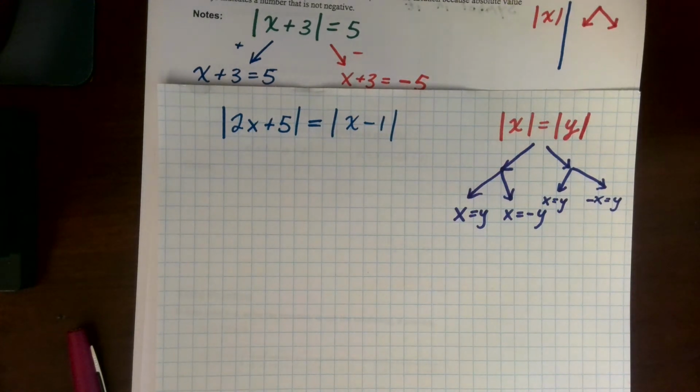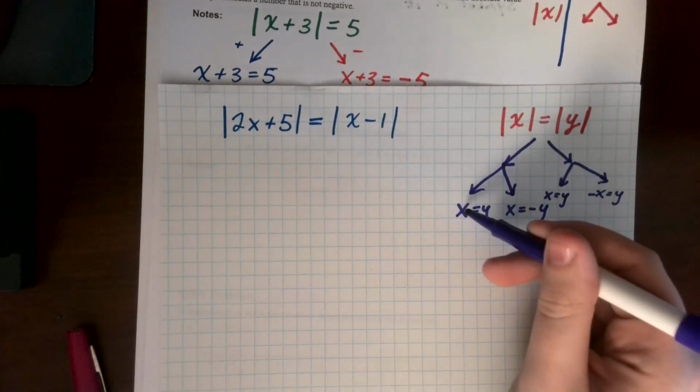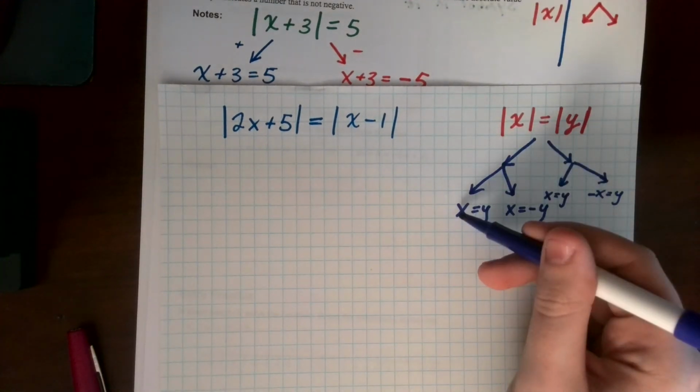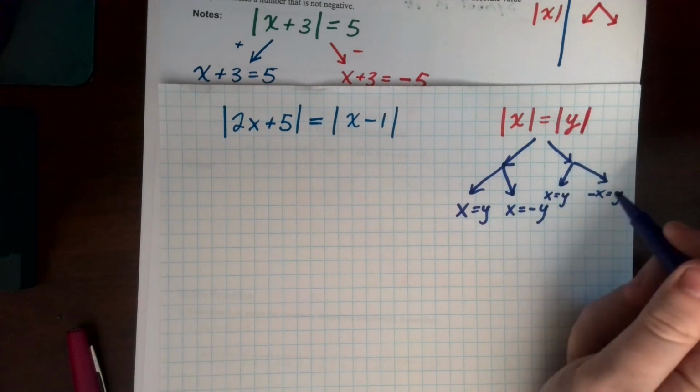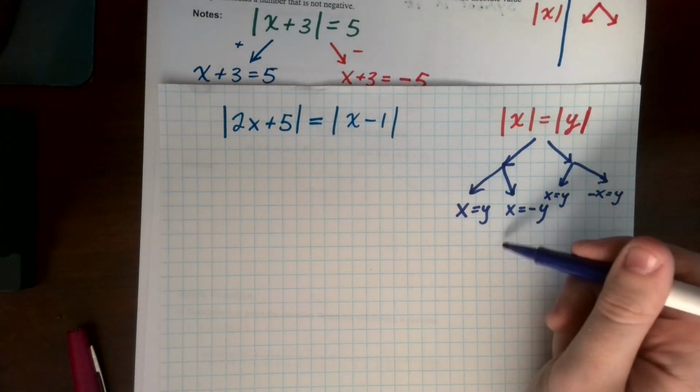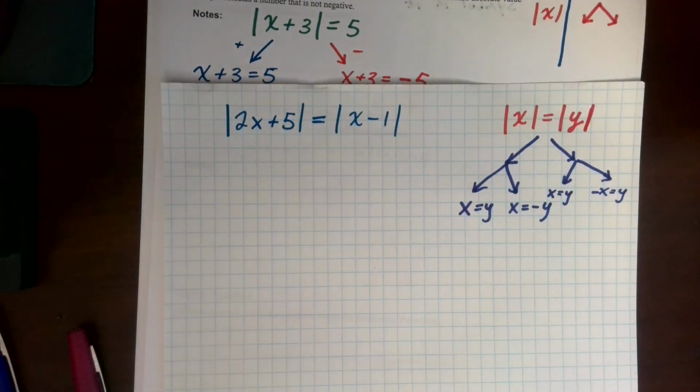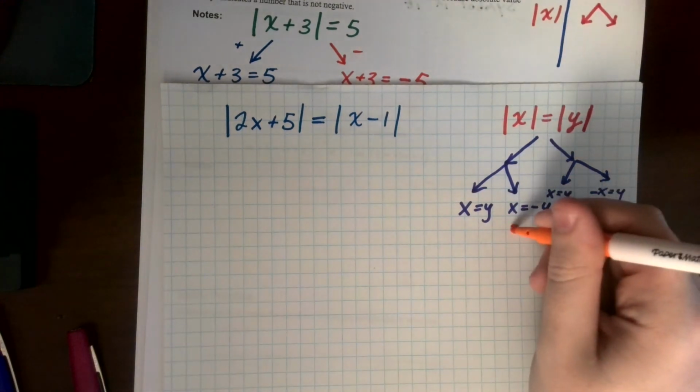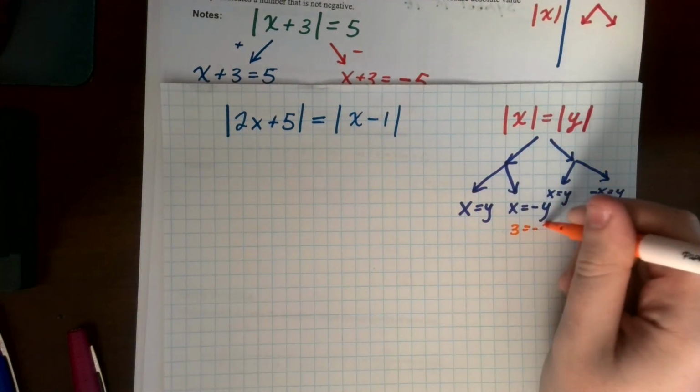Notice that in all of these situations, we either have x and y are the exact same, or x and y are opposites. For instance, if I plugged in the number 3, in this one, x would be 3, y would be negative 3.